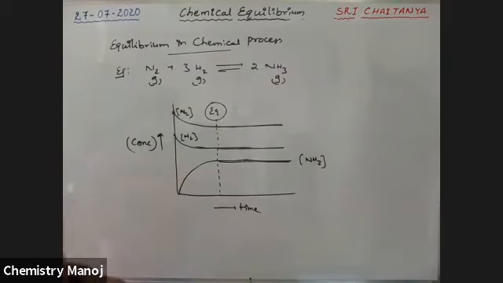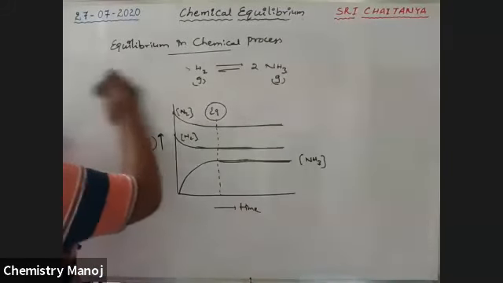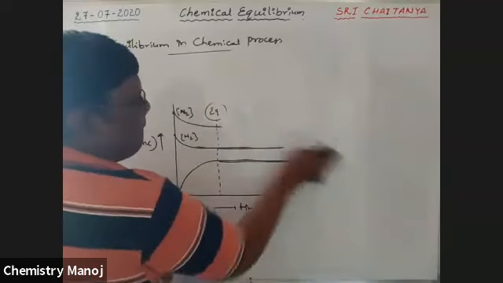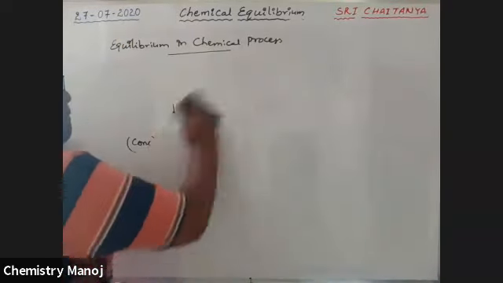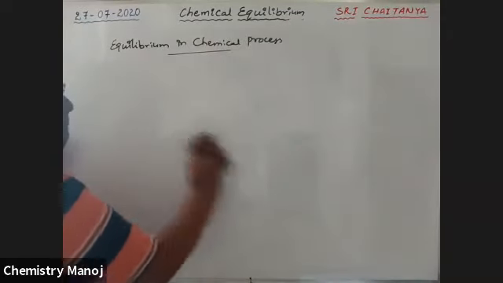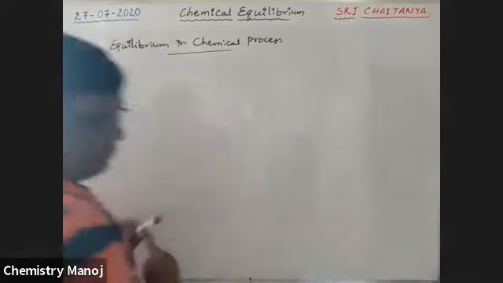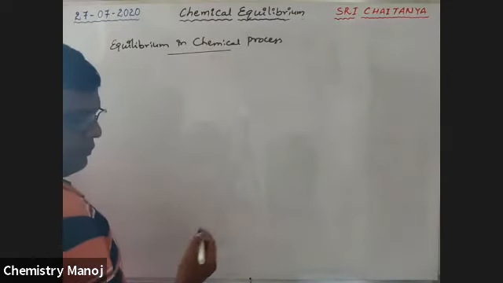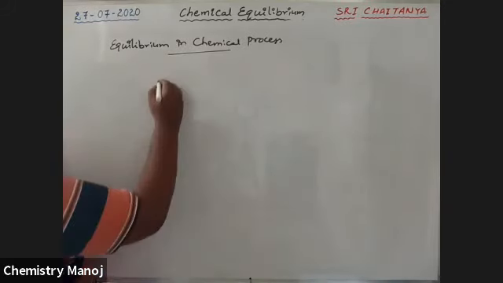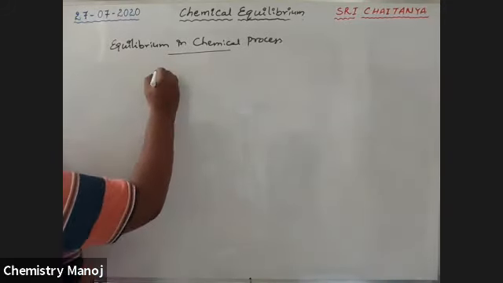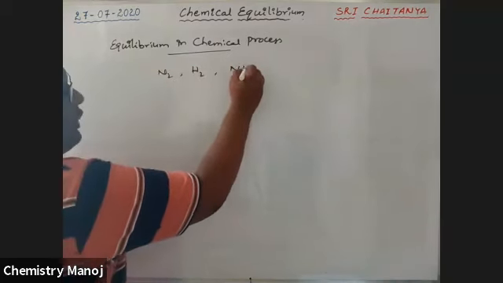The same diagram, once again I will repeat. See here. If N2 reacts with hydrogen, that gives ammonia.